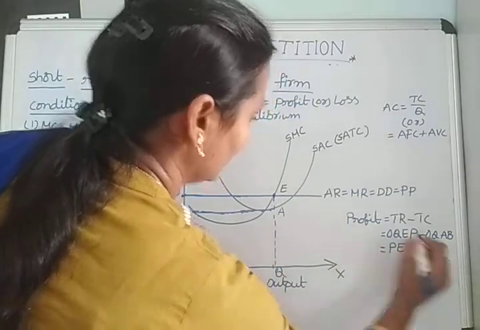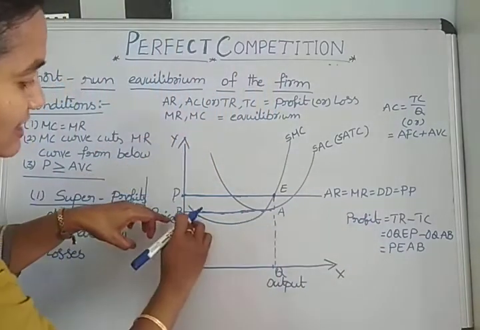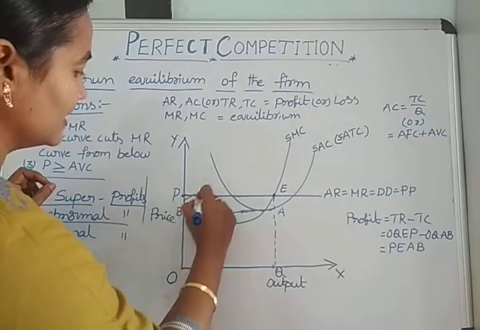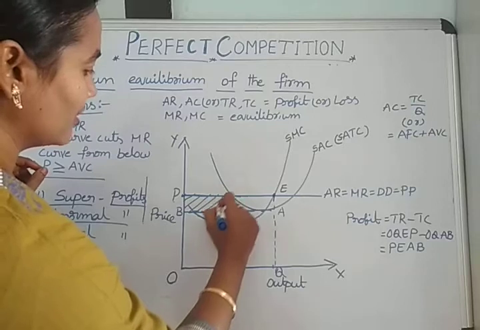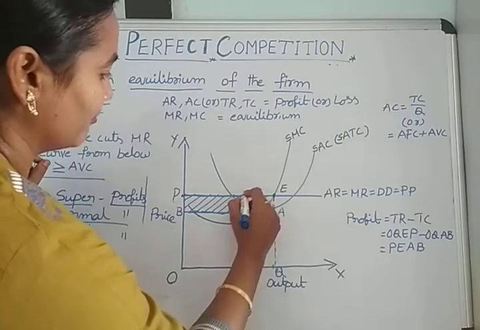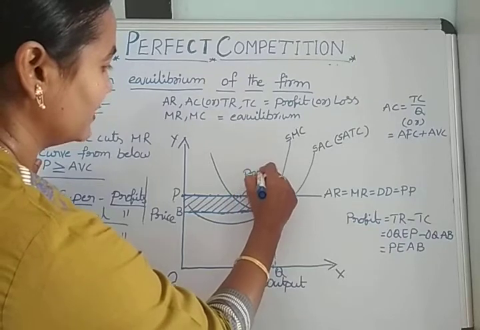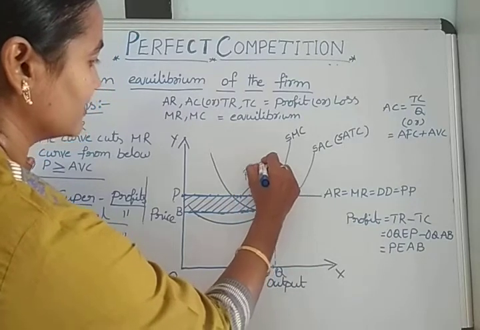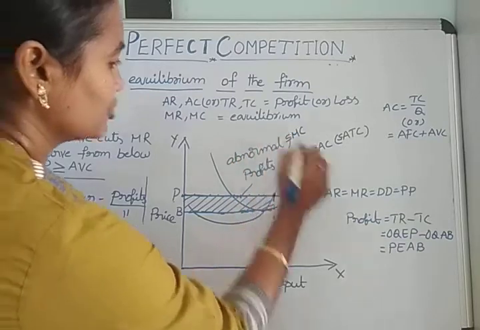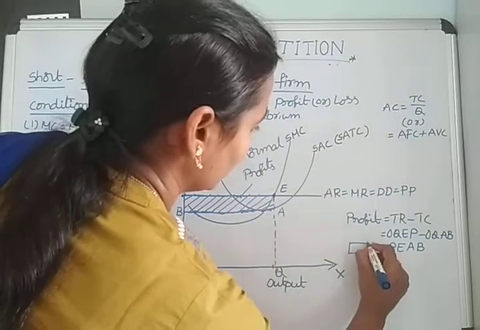Compared to cost, revenue is more. This part we show as a shaded area, that is profit only, not loss. This profit is not normal profit, it is abnormal profit, shown in the shaded area.